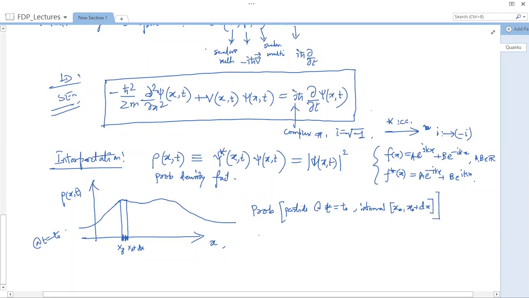The total probability of finding the particle is given by this area. That is why it's called a density function, which is rho of xt dx.